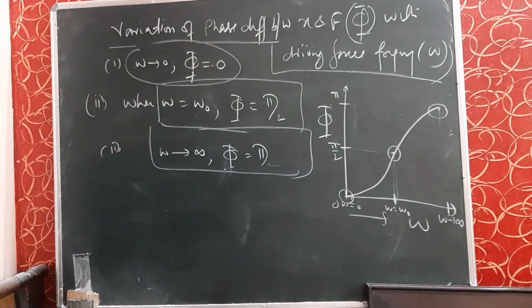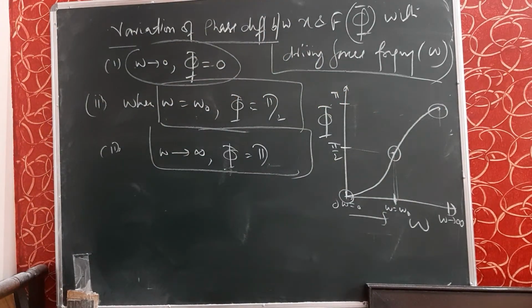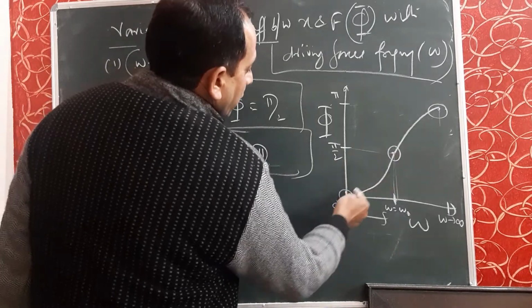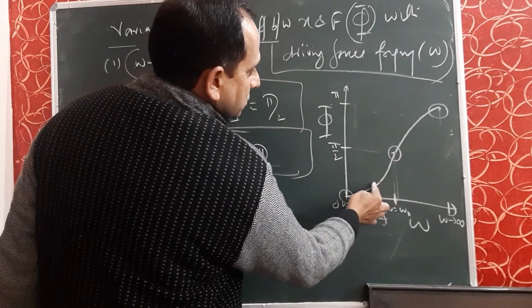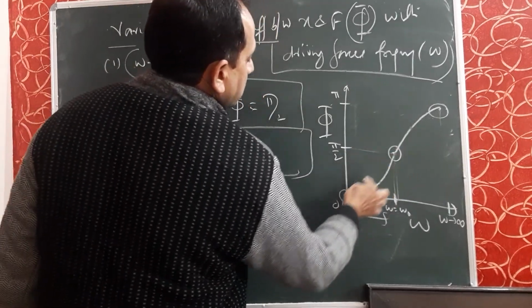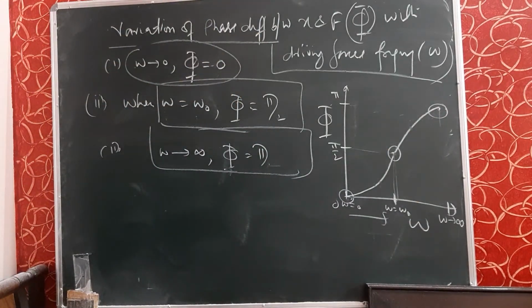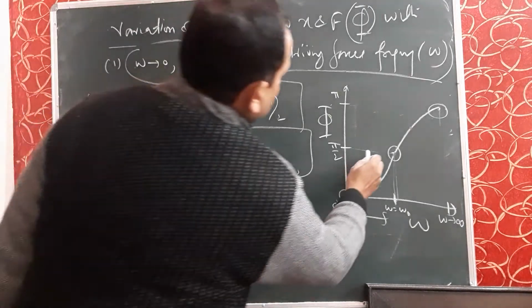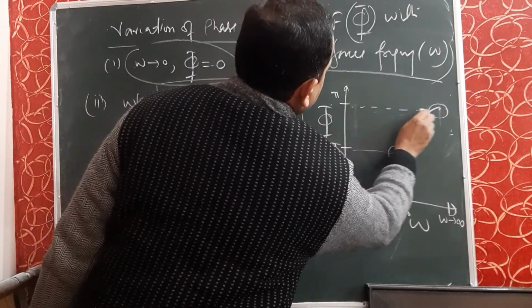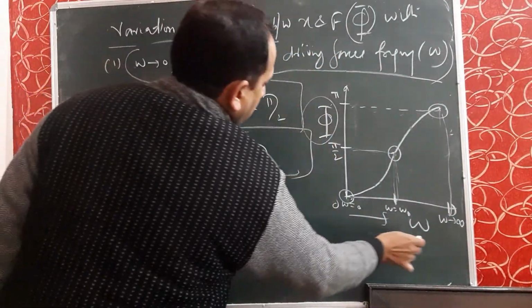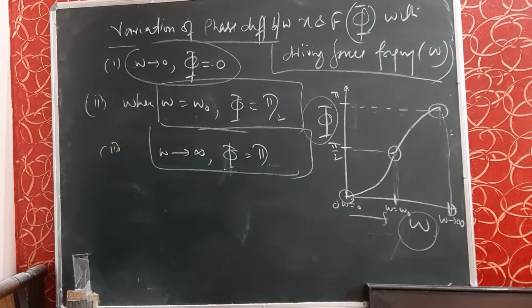It is not a straight line, it will be a curve. We can prove it by taking other values between these points, and you can find that the nature of the graph is a curve. So this is the variation between phi and omega.